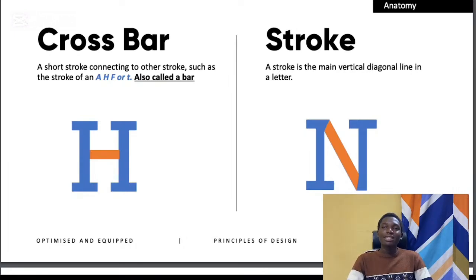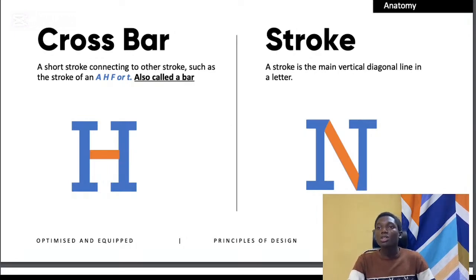In capital letters there is no ascender and descender. The only way you can see the ascender and the descender is in the short letters.